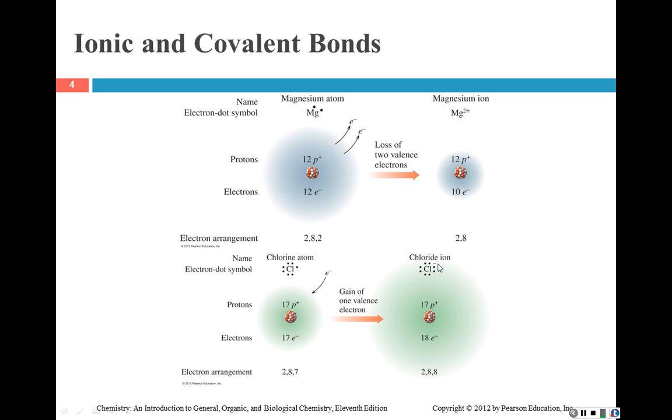That gives it an overall negative charge of -1 because it did have 17 protons and 17 electrons. Now it has 17 protons but 18 electrons. And so that's why it has that negative charge, because it has 1 more negative electron than it does positive protons.